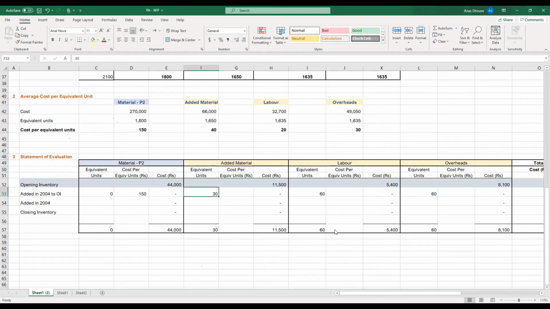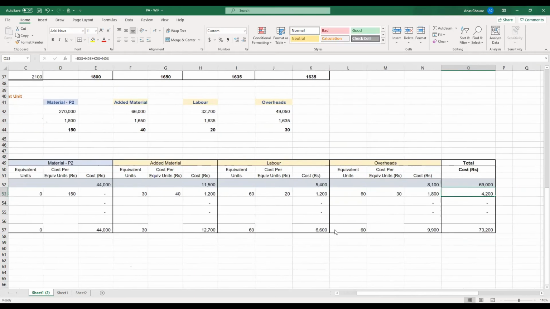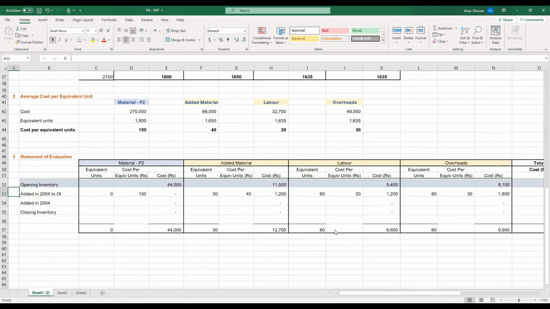So therefore, we can straight away take the 40, and your cost will be 1,200. With regard to labor, we have 20 per unit, so this has to be valued at 20. That will be 1,200. And finally, overhead cost has to be valued at 30 per unit, so 1,800 will be the cost. Okay, the total cost allocation will be 4,200.